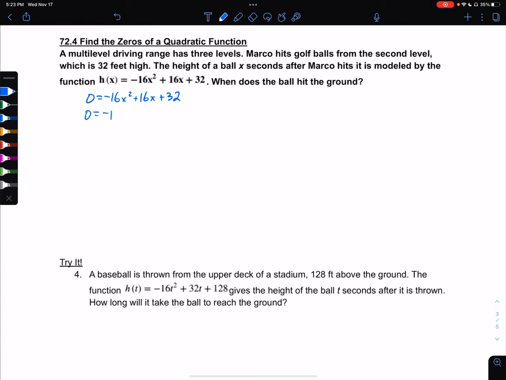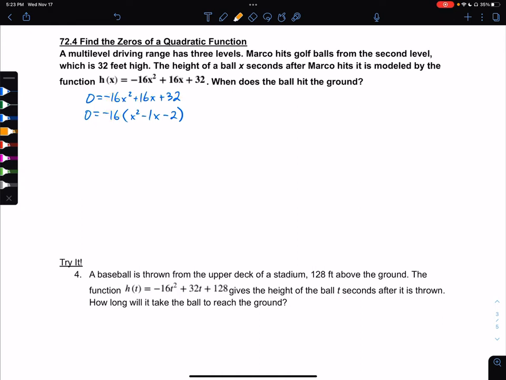I can factor out a negative 16, and I'm left with x squared minus 1x minus 2. And that becomes a significantly easier problem to solve. Anytime you have numbers like this, you always want to look for a greatest common factor. It's important to note that negative 16 goes into all 3 of these terms. Since it does, I'm going to factor that out.